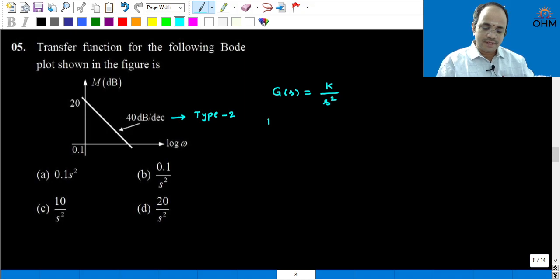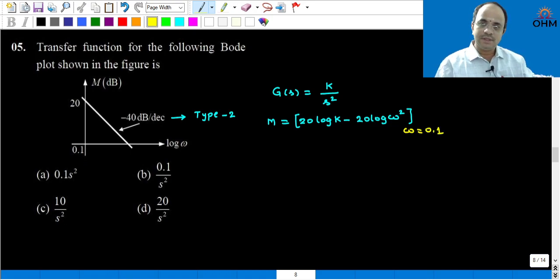Now, how to find out K value? Let us see that. Now, here M is equal to 20 log K minus 20 log omega square. Whenever omega value is equal to 0.1, what is given in the plot, the magnitude is given as 20 decibel.